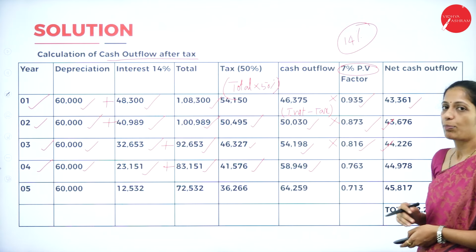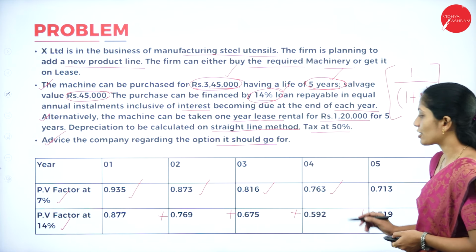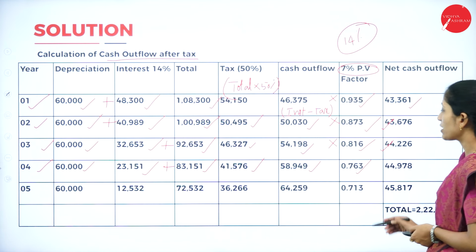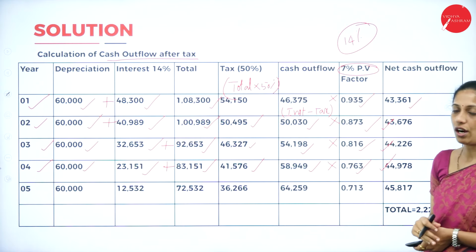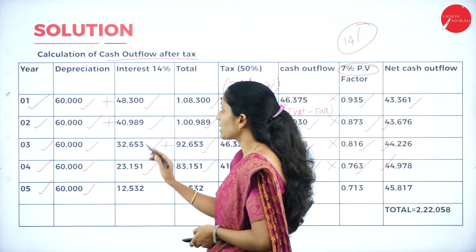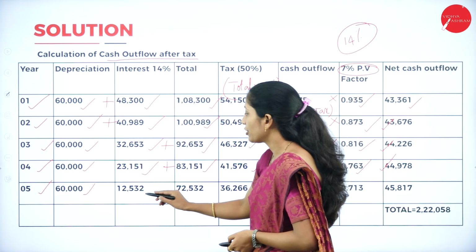So I'll get 58,949. Now apply the PV factor of the fourth year. What is the fourth year PV factor? That is 0.763. Multiply these two, and we'll get the net cash outflow. In the same way for the fifth year, depreciation remains the same. Interest we have already calculated, 12,532.